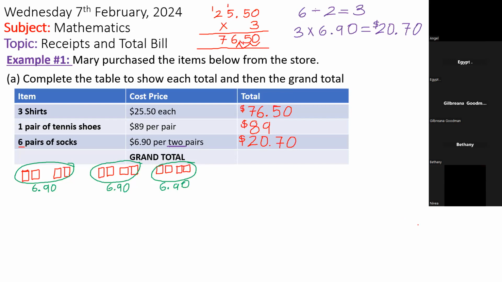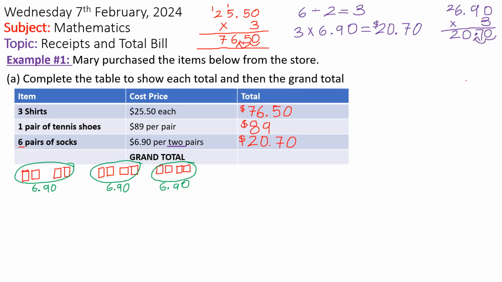Good. I need, what's her name? China. Explain how we got $20 and 70 cents.